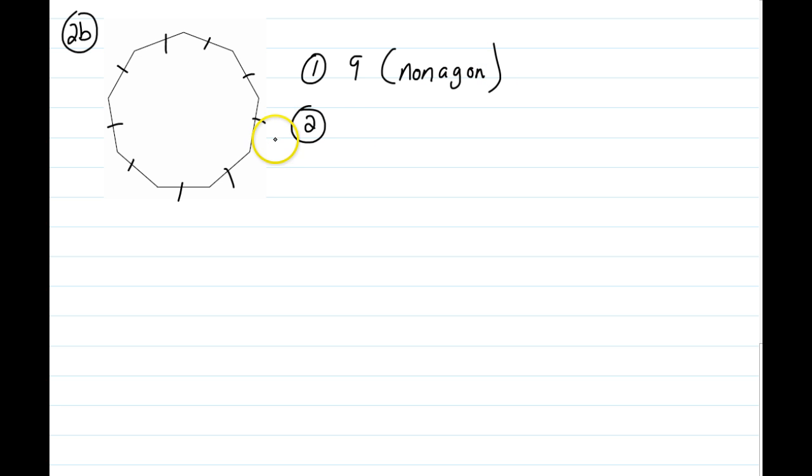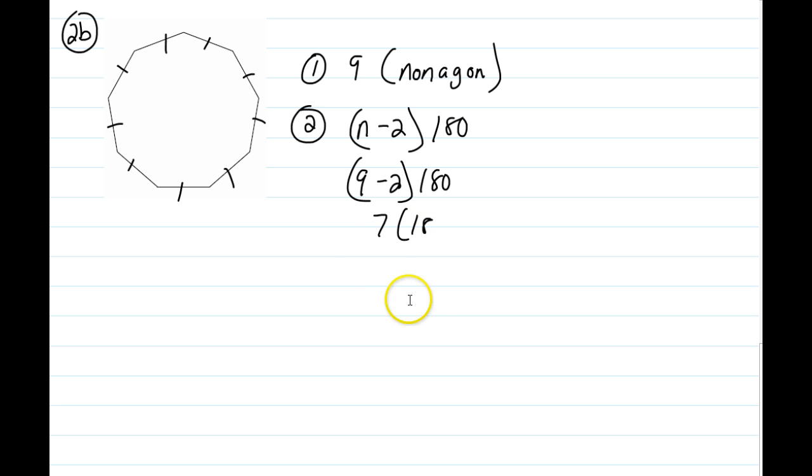Step 2, write the formula. We get n minus 2 times 180. So now let's go ahead and evaluate this. 9 minus 2 times 180. So 7 times 180 is 1260.